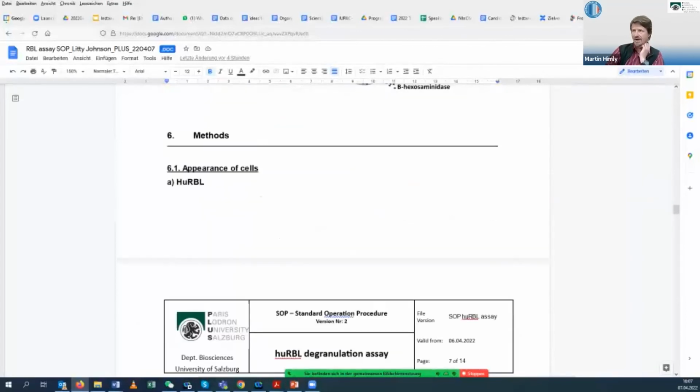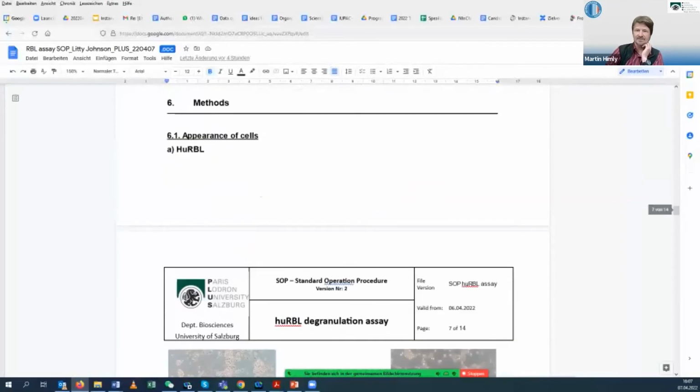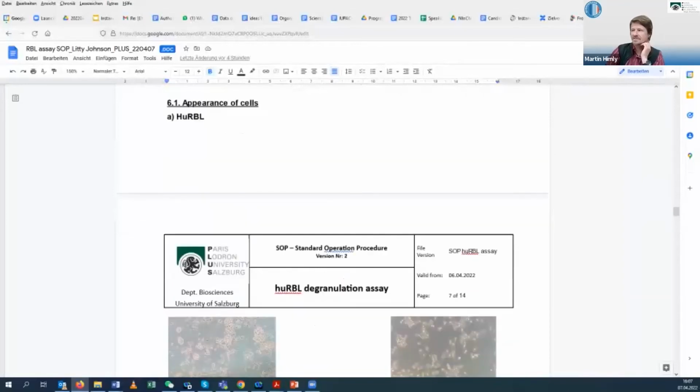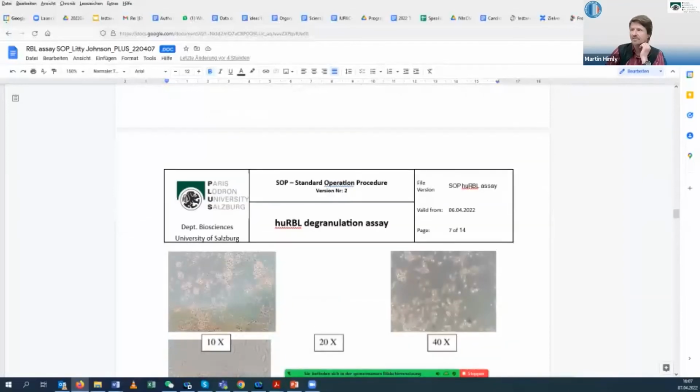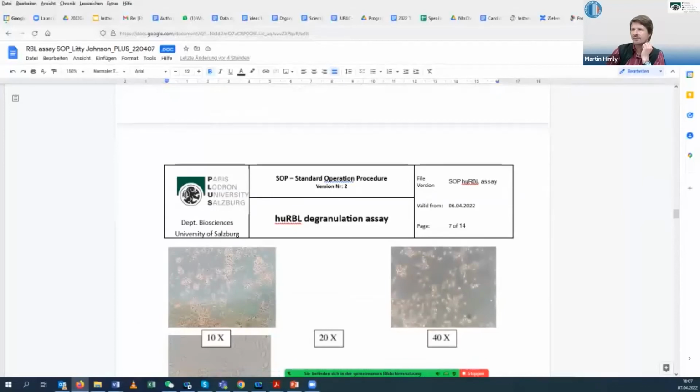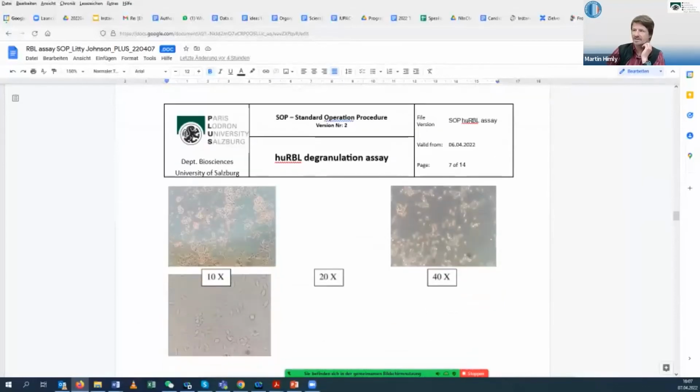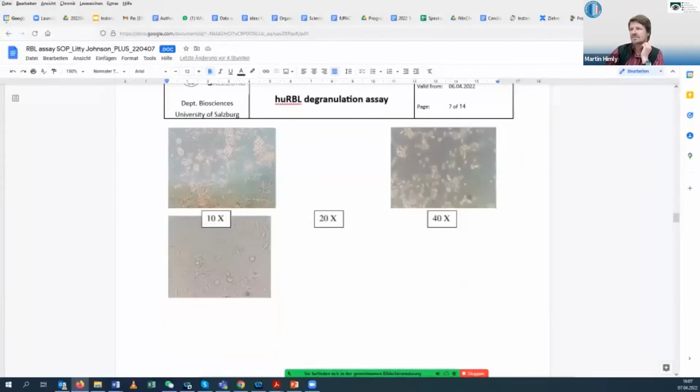A relevant parameter is, of course, whether the cells, this biological organism, are suitable. So a suitability assessment needs to be done in any of these bioassays. Also here, you need to be able to qualify whether the cells are fine. You need to use them in a certain passage number. This is usually given in SOPs. We do that also in a certain range of passage numbers for these cells.